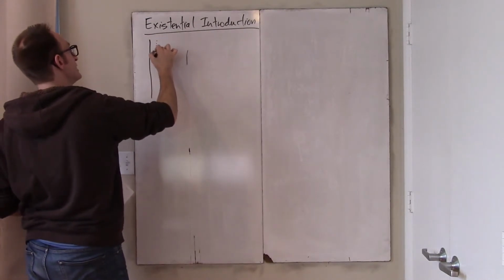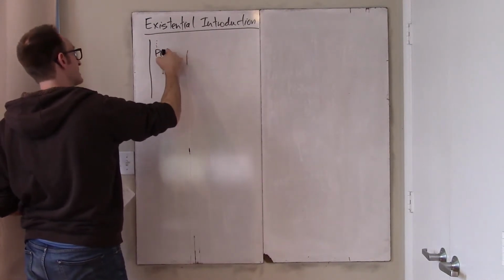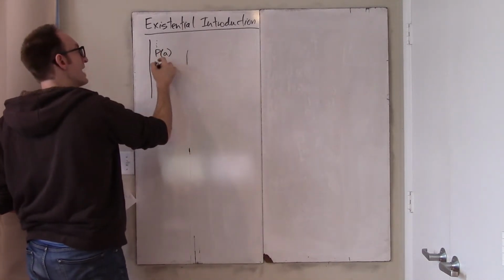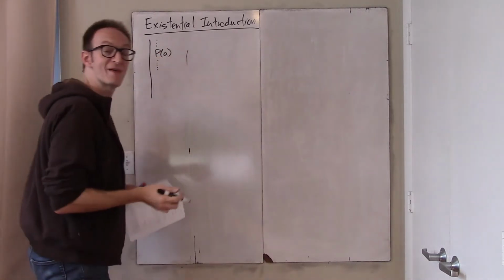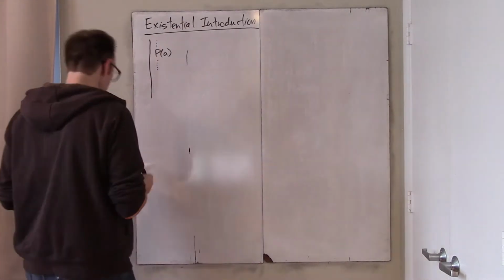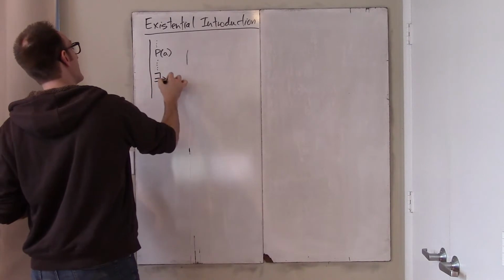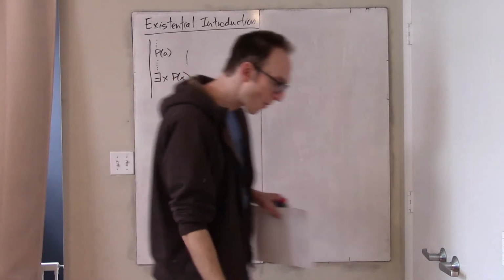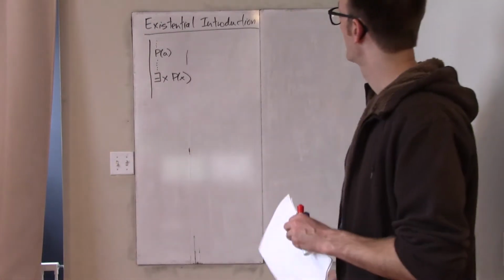And suppose you know that object A has property P. Well, then you may conclude that if A has property P, then someone has property P. And so I conclude that there exists an X such that P of X. Okay, good.